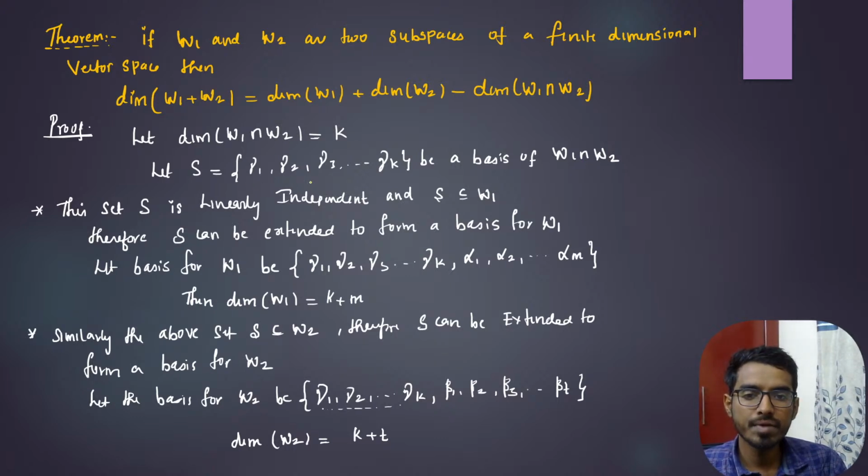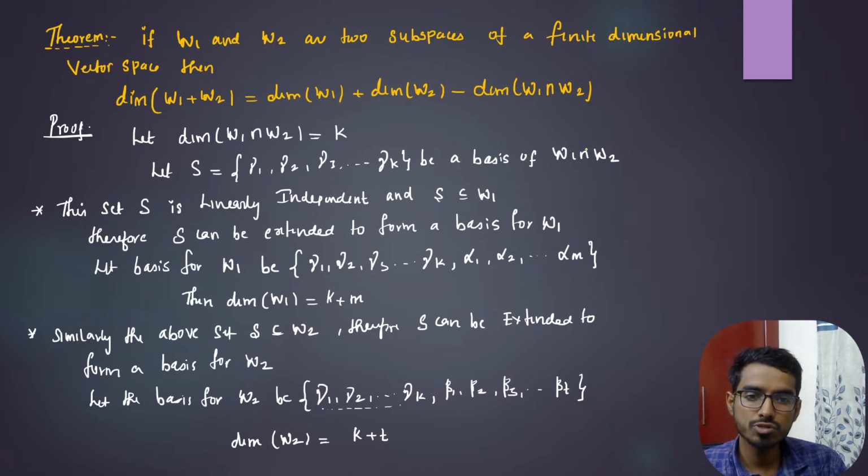These independent vectors belong to W1 intersection W2, which means they belong to W1. But that does not necessarily mean this is a basis. Since it is linearly independent, I'm adding some vectors so that this will be a basis for W1.